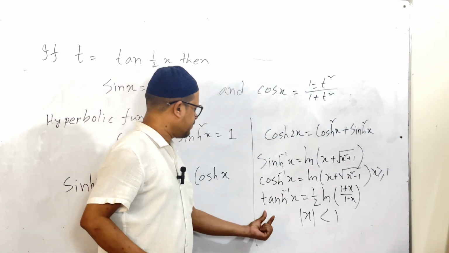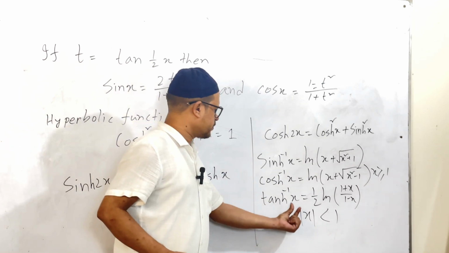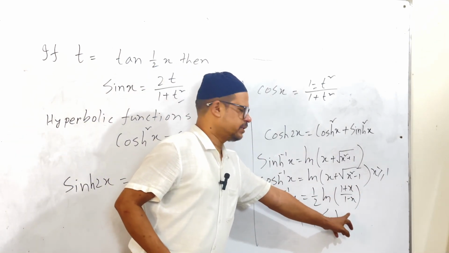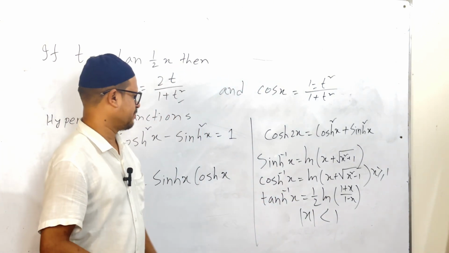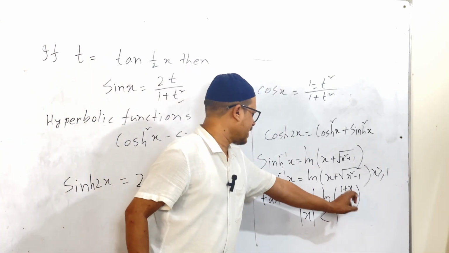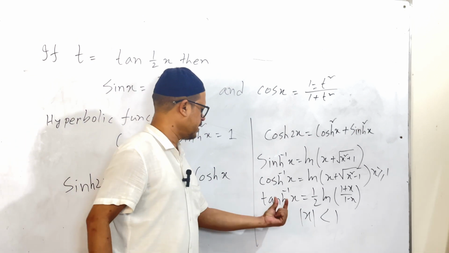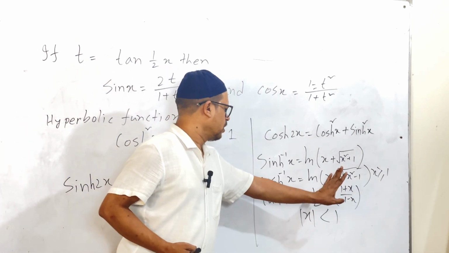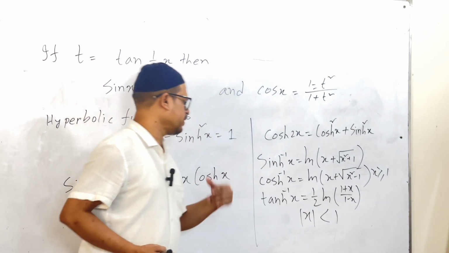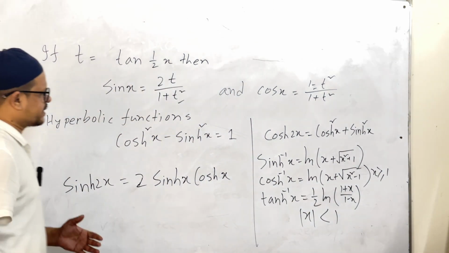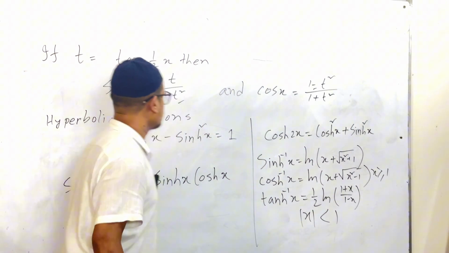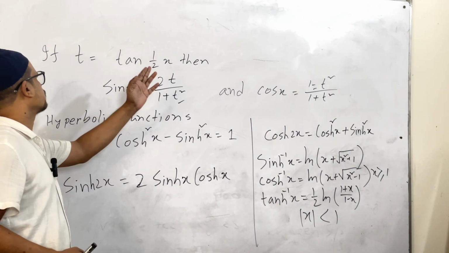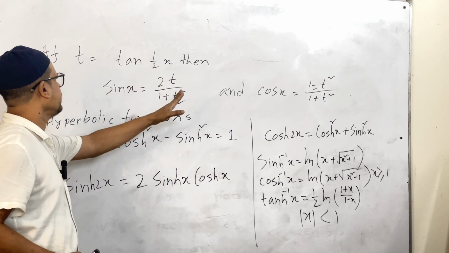That means tan h inverse x equals half ln of 1 plus x divided by 1 minus x, for x less than 1.